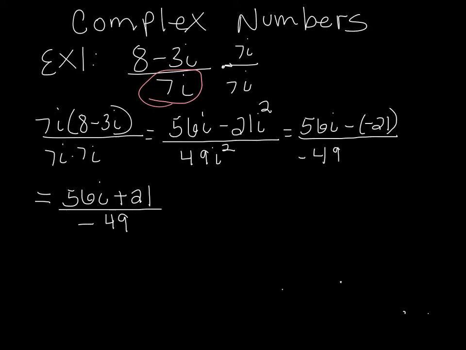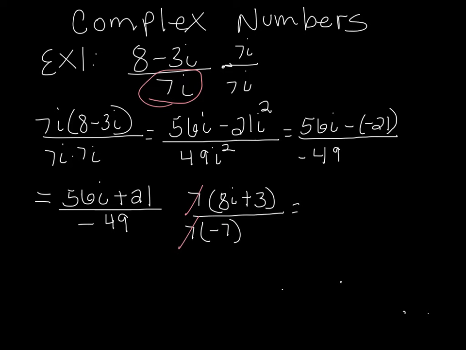So I'm going to pull out a 7 on the top, and that's going to give me an 8i plus 3 all over a negative. And if you think about pulling this out, it's 7 times a -7. Or you could do it the other way too. It really doesn't matter. Okay. Now the 7's here cancel out, right?